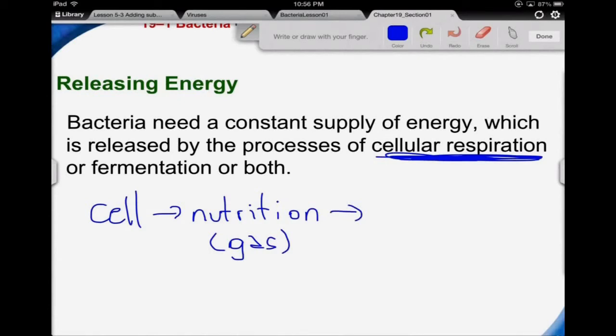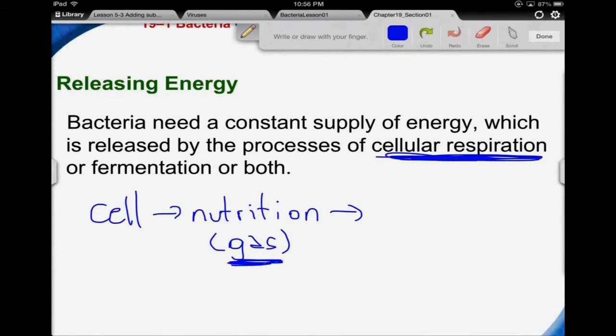All those food compounds, wherever they come from, whether it's glucose or some kind of sulfur compound, have to be broken down. It functions basically like the fuel. And for metabolism, what you do is you run that fuel.